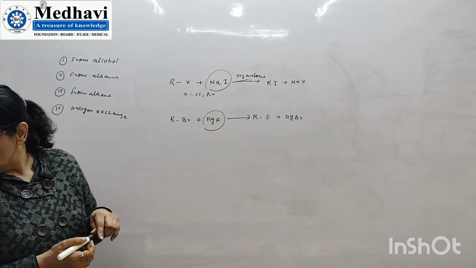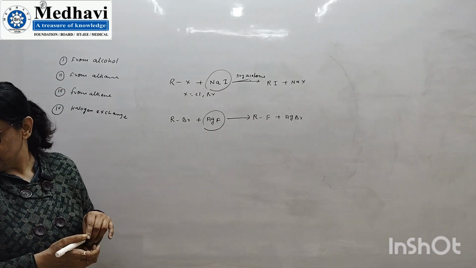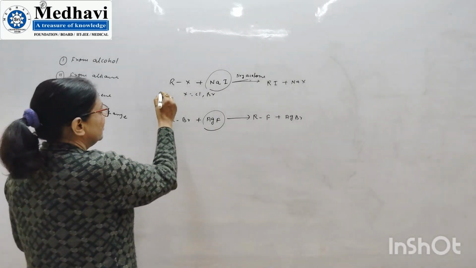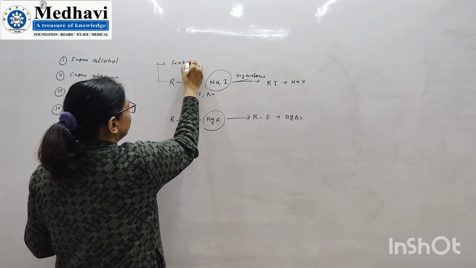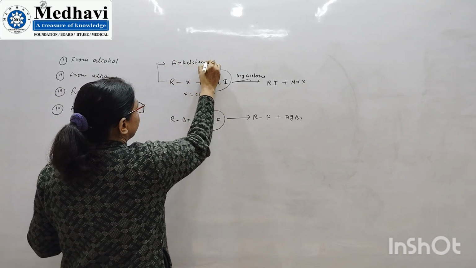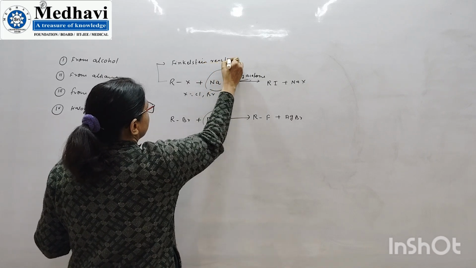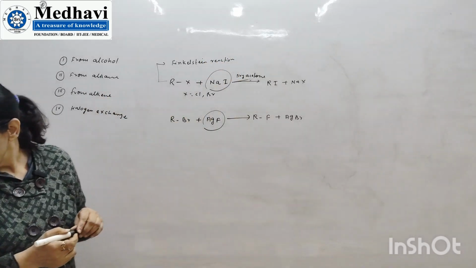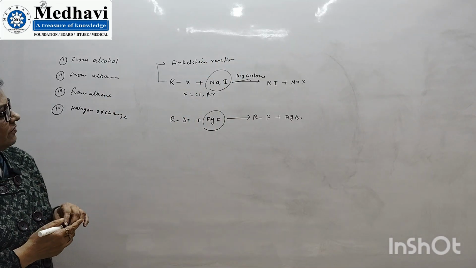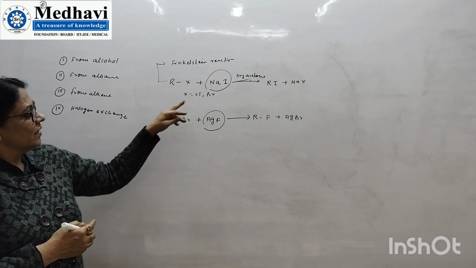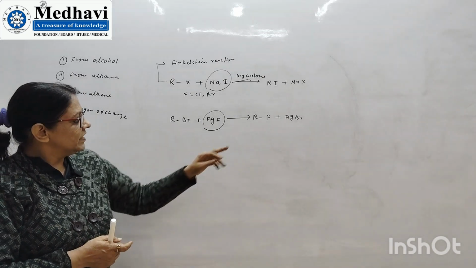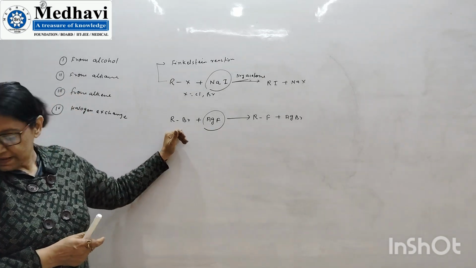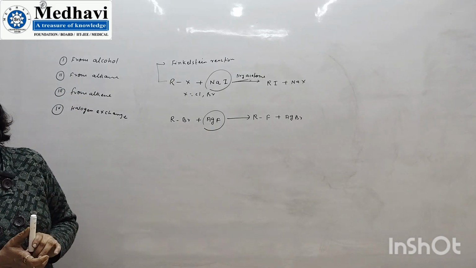The first one is called the Finkelstein reaction. Very, very important, this is the Finkelstein reaction, for the iodoalkane. And this is the fluoroalkane. This method is called the Swarts reaction.